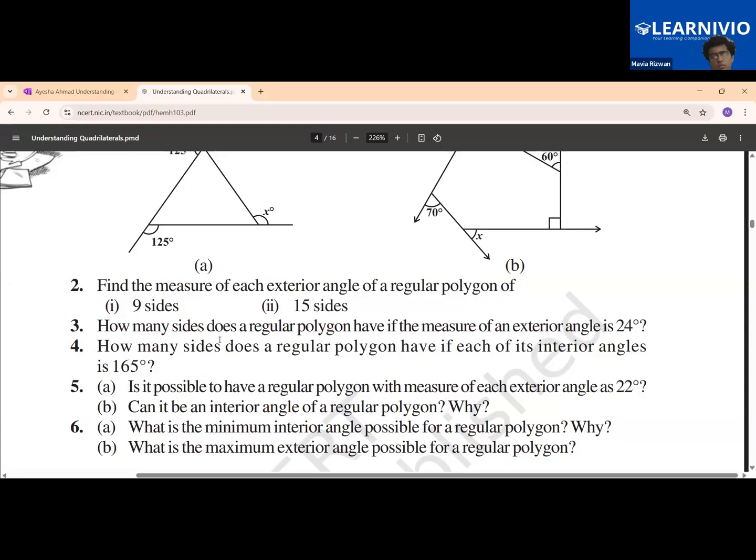Sir, 40 degrees. 40 degrees for the first one is correct. And the second one? I'm done, sir. Try it.